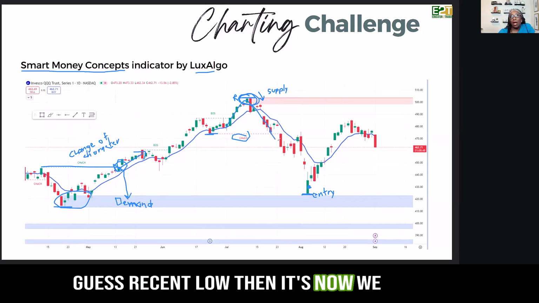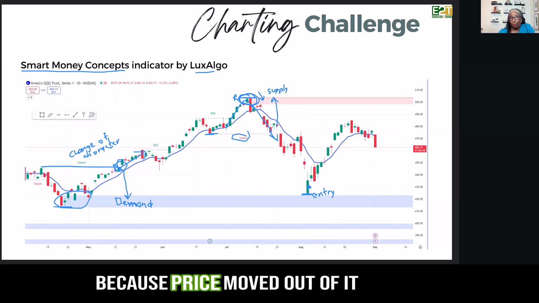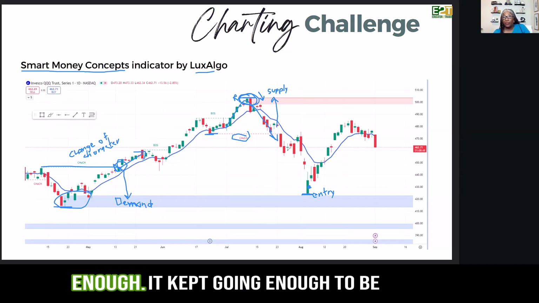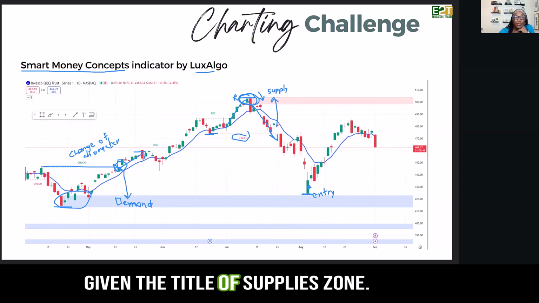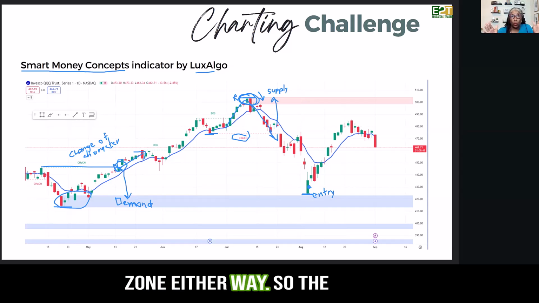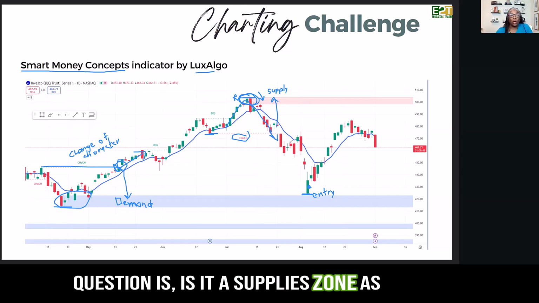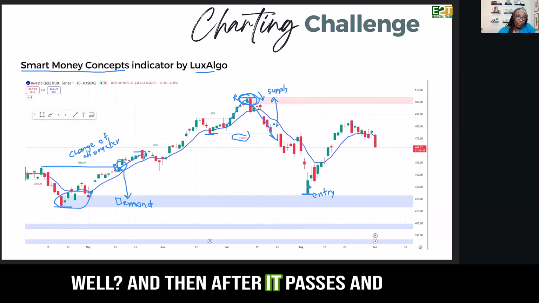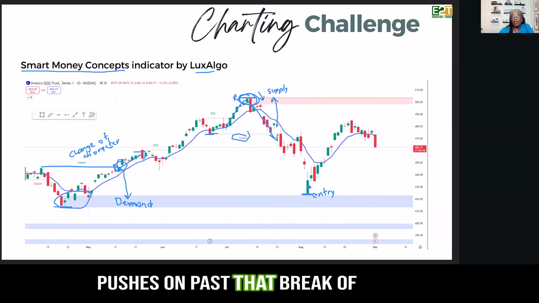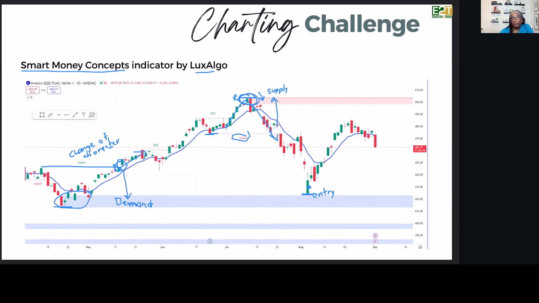Then now we can classify this as a supply zone because price moved out of it enough, it kept going enough to be given the title of supply zone. It was a resistance zone or a sell zone, either way. So the question is, is it a supply zone as well? And after it pushes on past that break of structure or change of character, the answer to that question is yes.